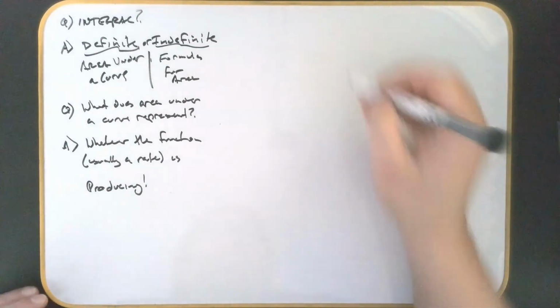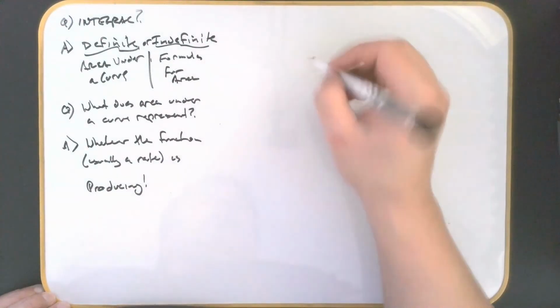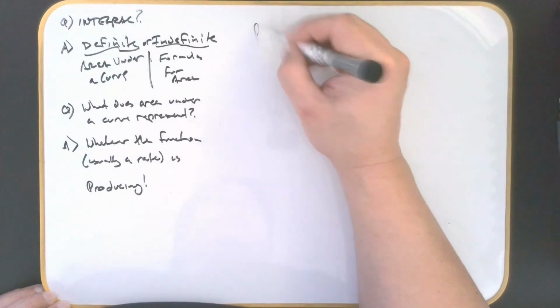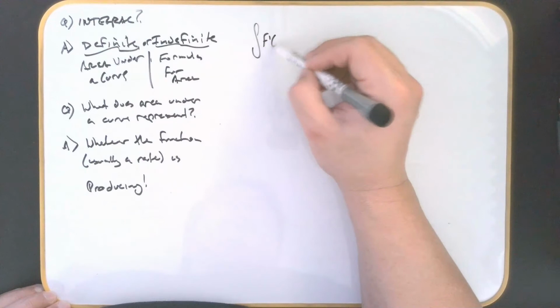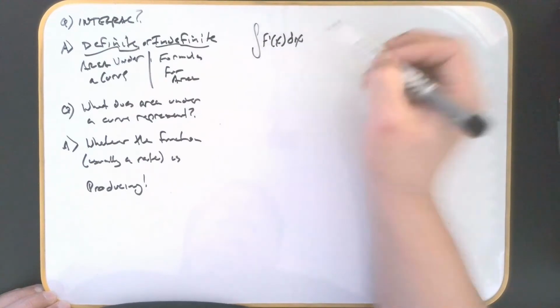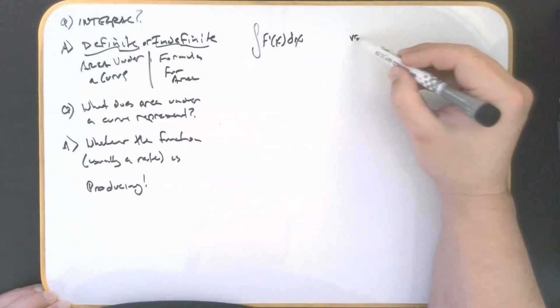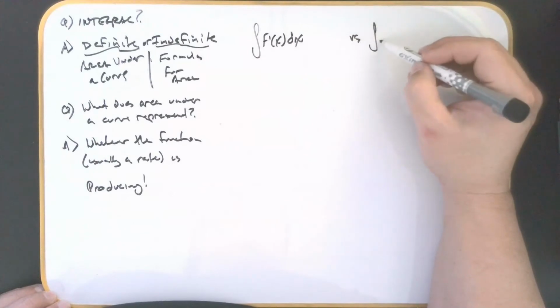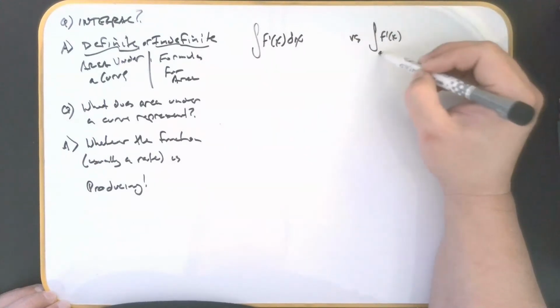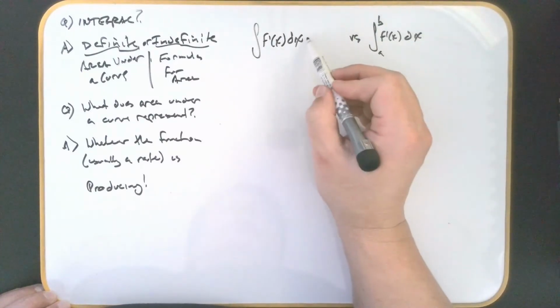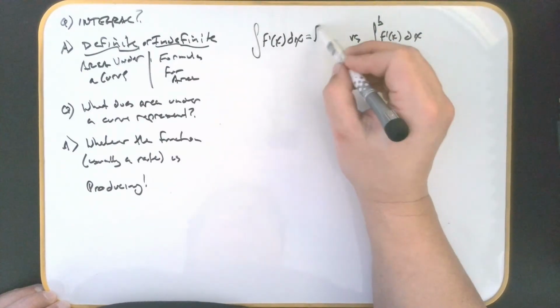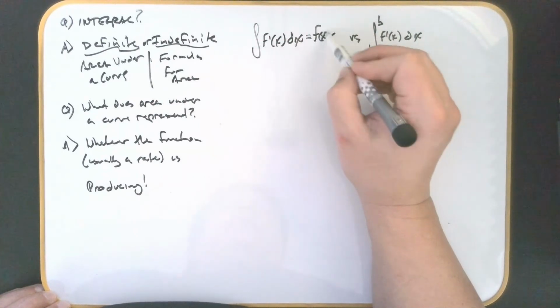So if we did a graph over here, let's just contrast these really quick. If we have the integral of f prime of x dx versus the integral of f prime of x from a to b dx, we would say the integral of this is equal to f of x plus c.